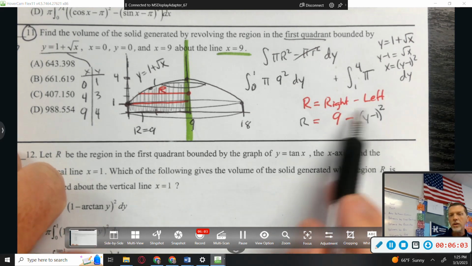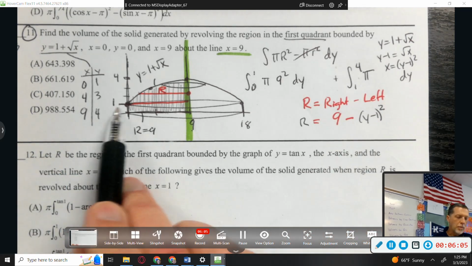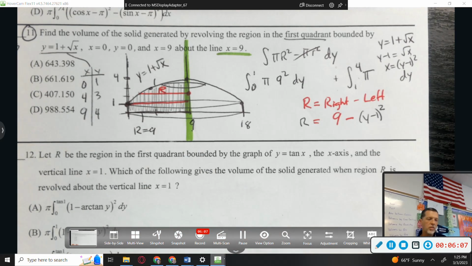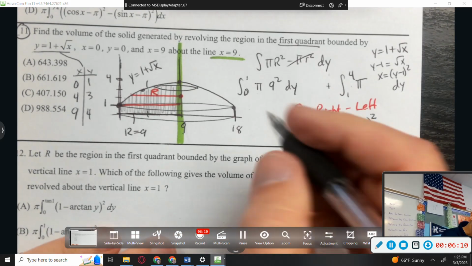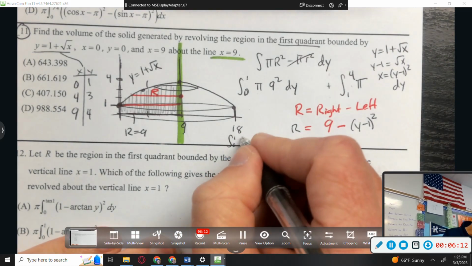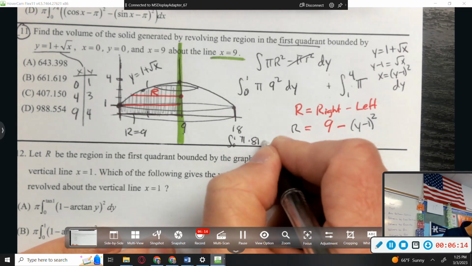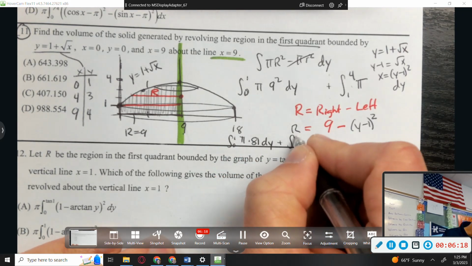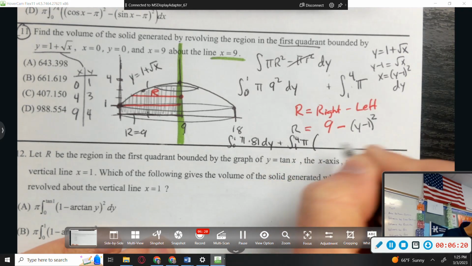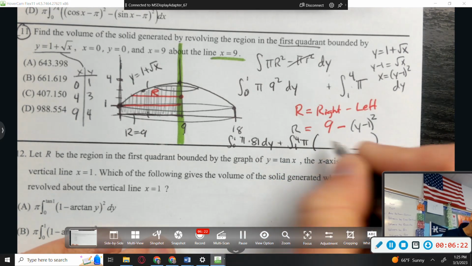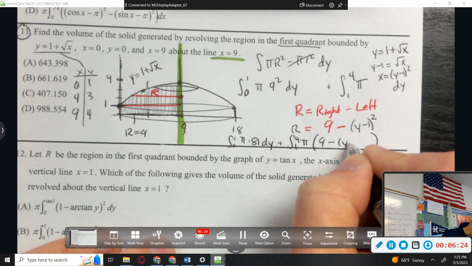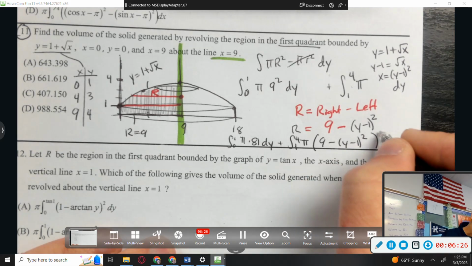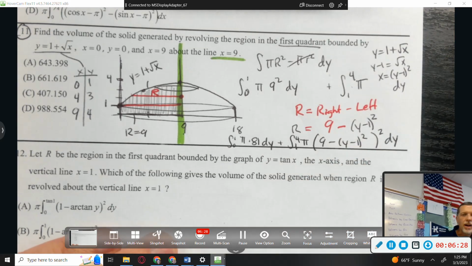So I feel pretty good about that because I checked it. The bottom r should be 9. The top r should be 0. So 0 to 1, pi times 81 dy plus 1 to 4, pi times r squared dy.